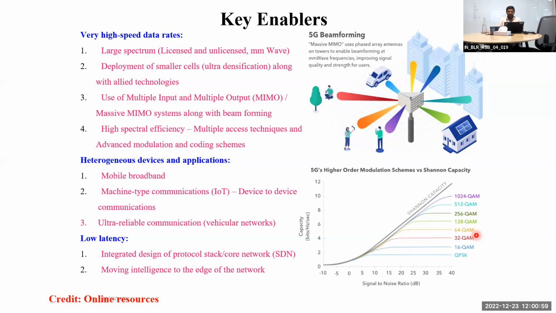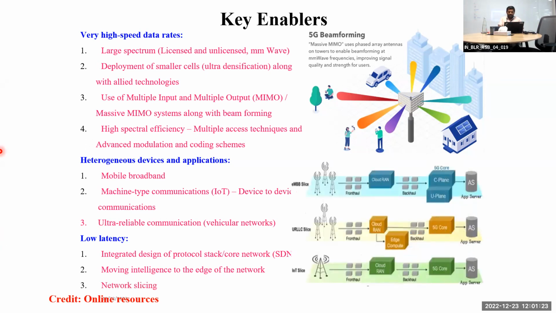Earlier we used to browse with 64 kbps, but now even 1 Mbps is not enough to run some applications, for example games, augmented reality, virtual reality, and all. So they are bringing in so many applications to make sure that 5G capacity is fully utilized. That's what heterogeneous devices and applications means.